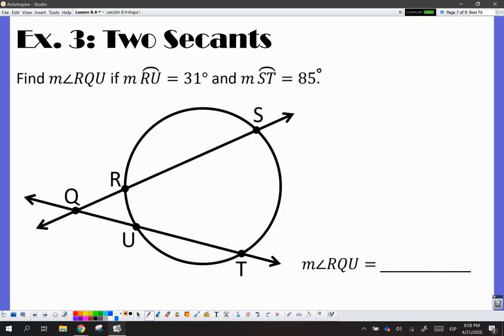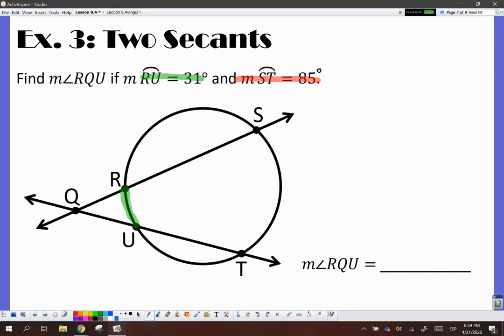So first, since I have nothing marked on my diagram, let's start by finding these arcs and labeling them. So I'm going to use red and green. The measure of arc RU is 31 degrees. So I'm going to find arc RU first. Here's R and here's U, so the arc must be here.